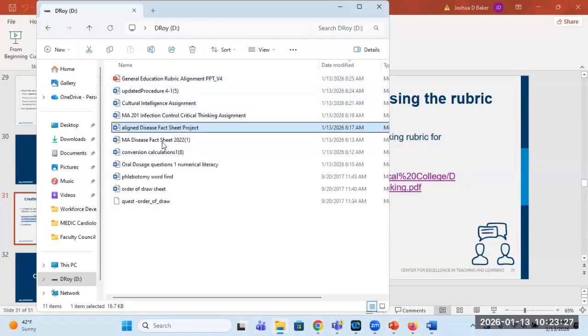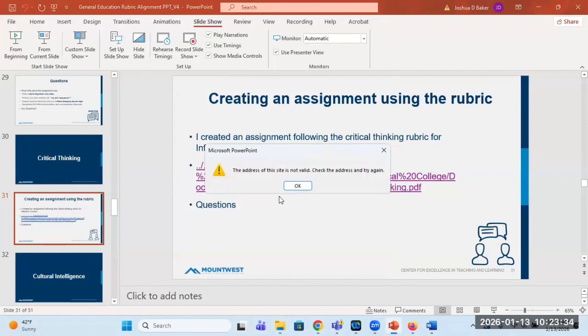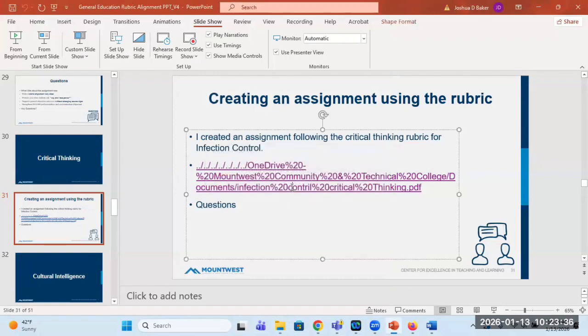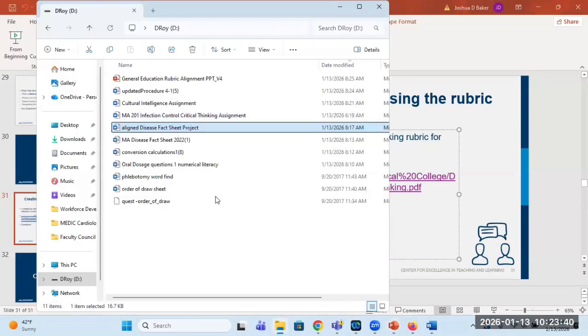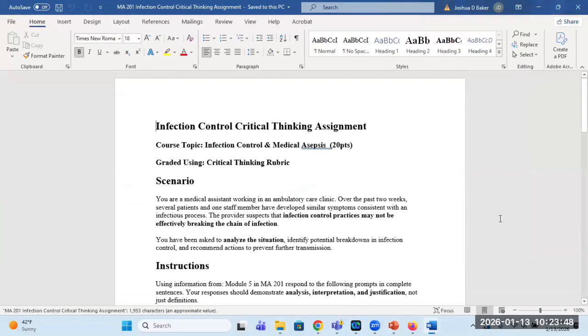A different machine. Yeah. Different conversion. I don't know. It's not going to let me open it. Okay. Is it the one that says NA201 infection control critical thinking plan? Yes. Thank you. Is my face getting red?